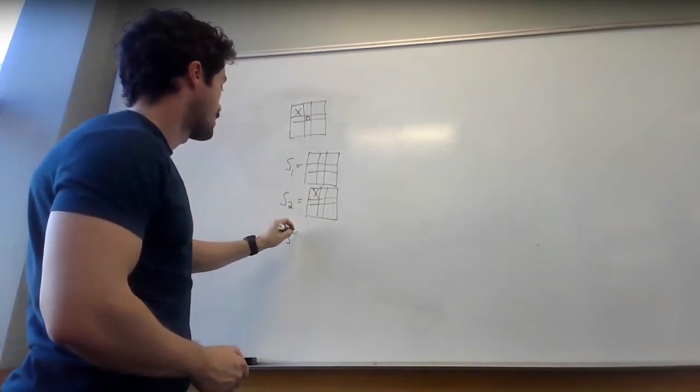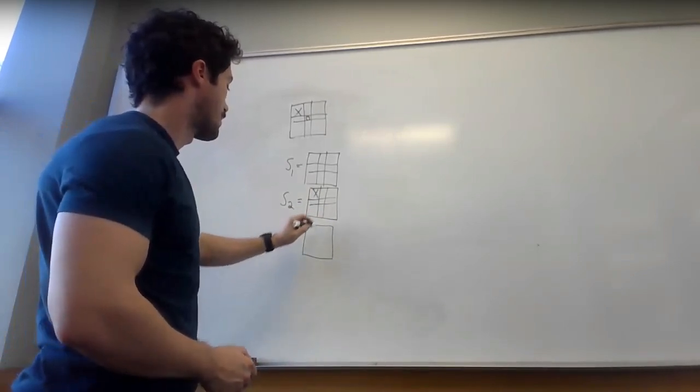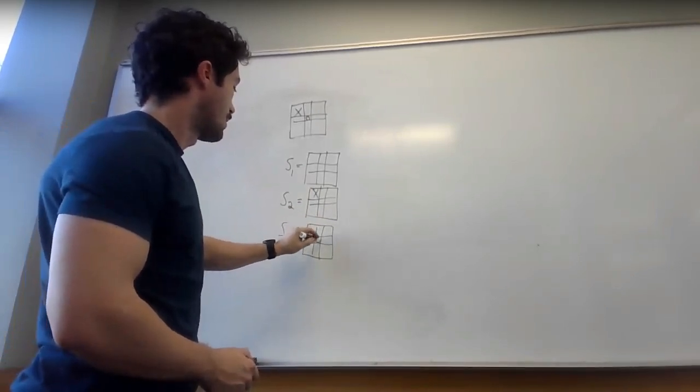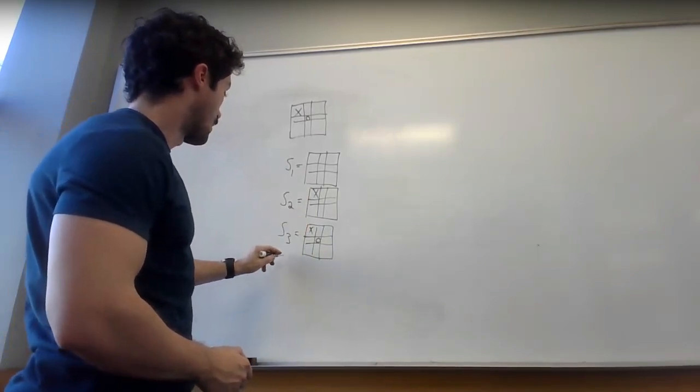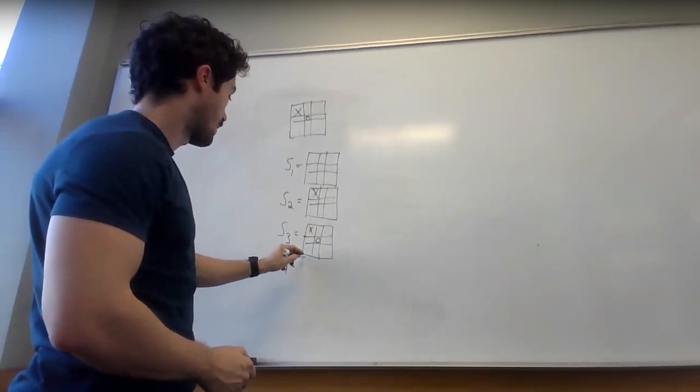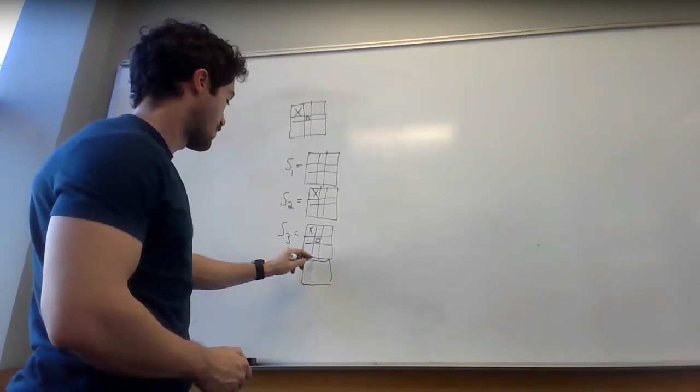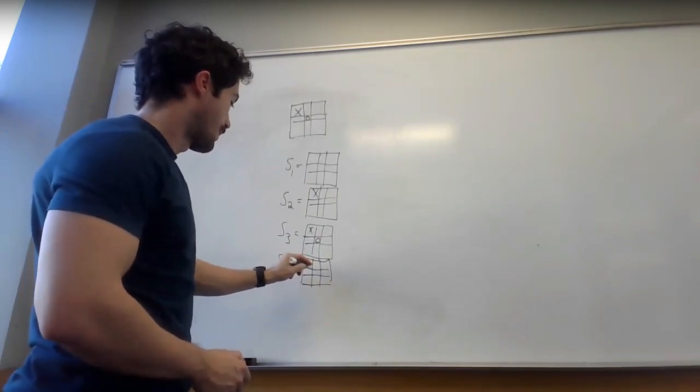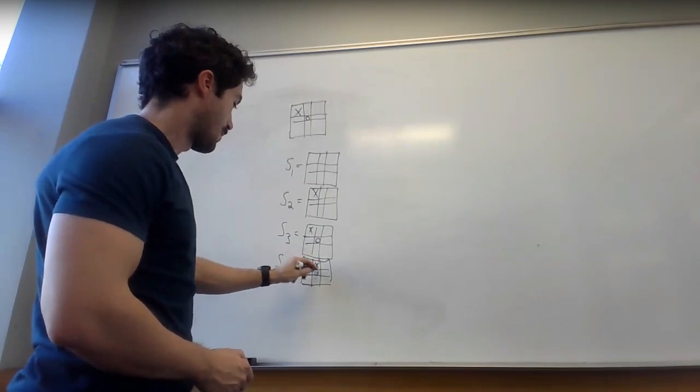Then S3 is Vijay plays O in the center. And then S4 is whatever I end up choosing for the next state. And it's clear that the one I'm going to choose next is just X here, because that's the first thing.